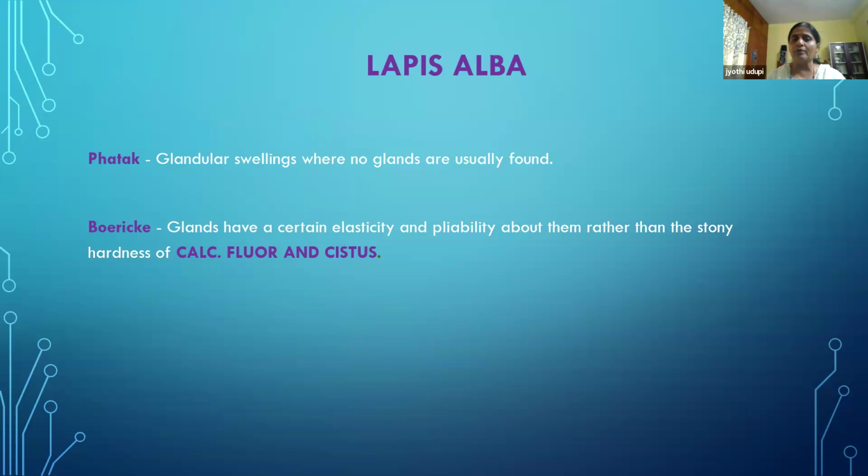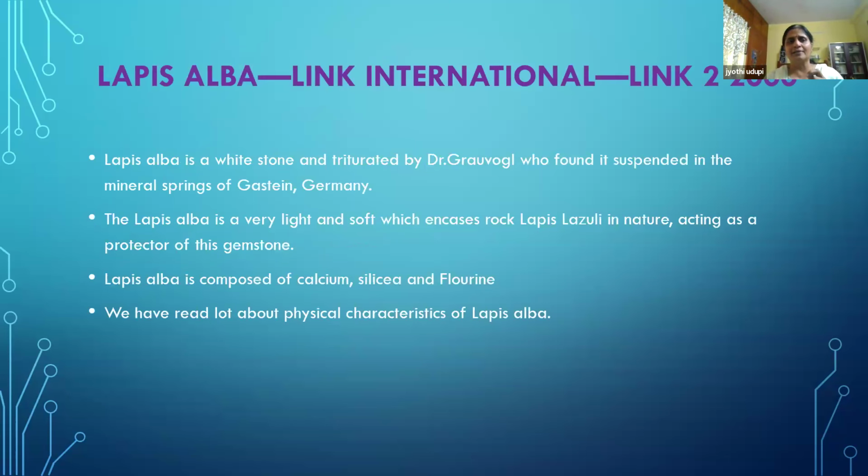Now I wanted to know what is Lapis alba. See, this is how you have to improve your knowledge. Because I knew the mother very well, and I know it is a good remedy for swelling. Then I went in search.